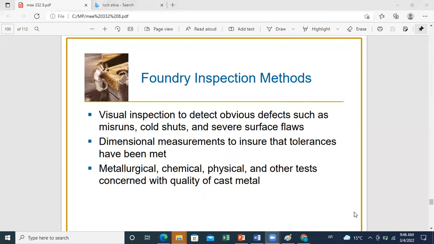If not, you can try to enhance the setup or change, let's say, the pouring temperature. Sometimes we alter the composition of the cast metal in order to have better properties at the end. So we use alloys in this case.